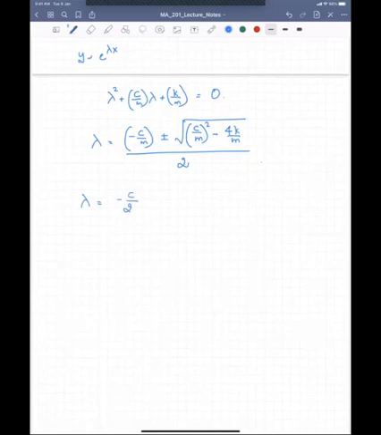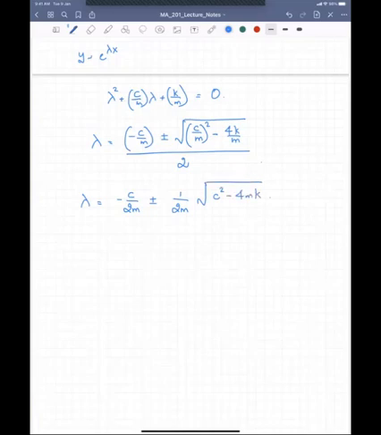So I'll write this as minus c over 2m plus minus 1 over 2m square root of c squared minus 4mk. All right.